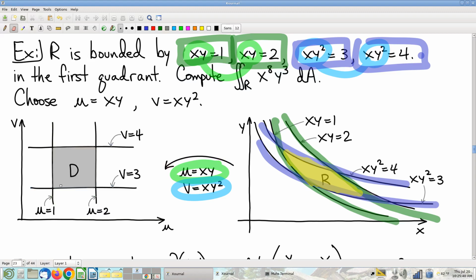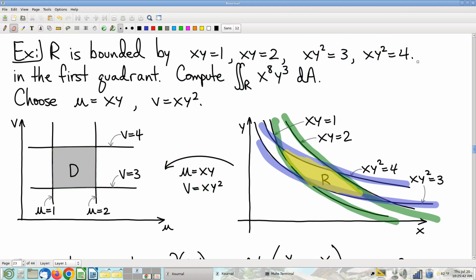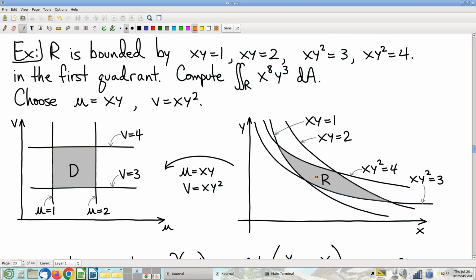So, okay, now let me say a couple more quick words about exactly what makes this trick work. Do notice that, like I was saying before, u is xy and xy is 1, therefore I get u equals 1.